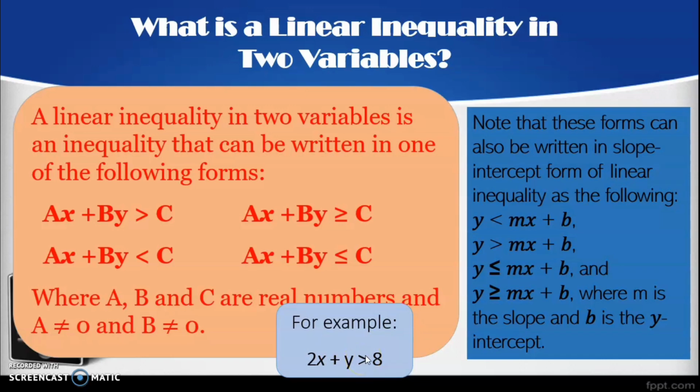Note that this standard form can also be written in slope-intercept form of a linear inequality as follows: y less than mx plus b, y greater than mx plus b, y less than or equal to mx plus b, and y greater than or equal to mx plus b, where m is our slope and b is the y-intercept.